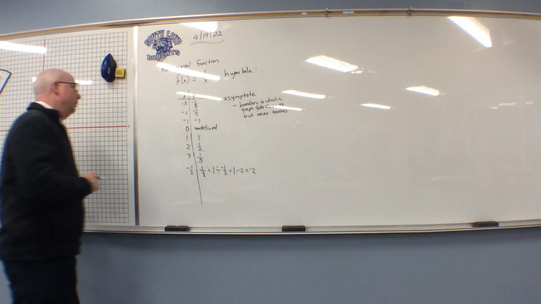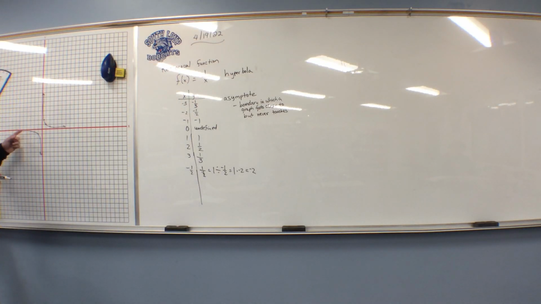So what's happening, Joey, is that it's getting closer to this, but never touching it, on here and here. And over here it's getting closer to the x-axis, here and here, but never touching it. You see that?